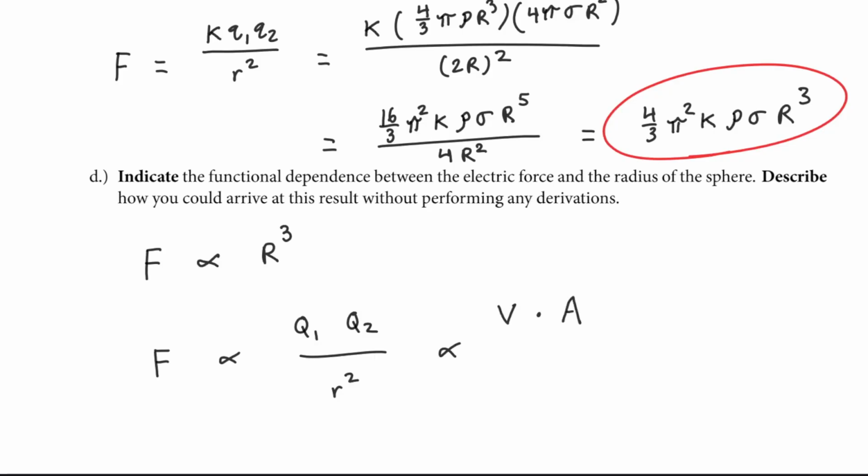Q2 is an area charge density, so that's proportional to area. And the distance between them squared, of course, that was just proportional to their radius. So volume is proportional to big R cubed. Area is proportional to big R squared. Distance, of course, that's going to be proportional to the radius, so squaring that gets us a square. So we do actually see that we get this as proportional to the radius cubed, as expected.